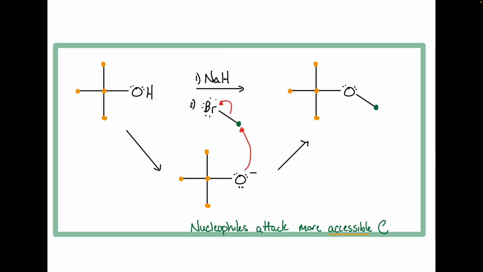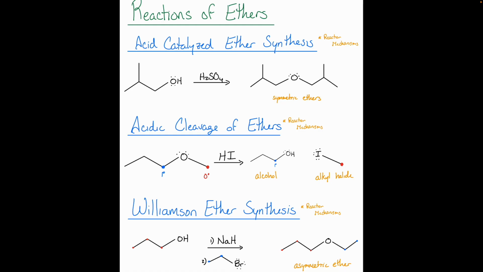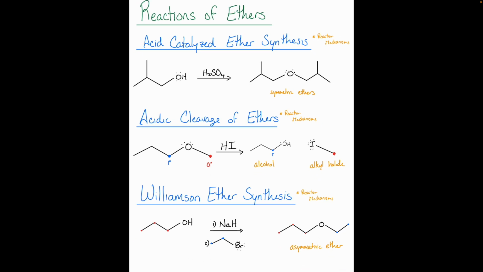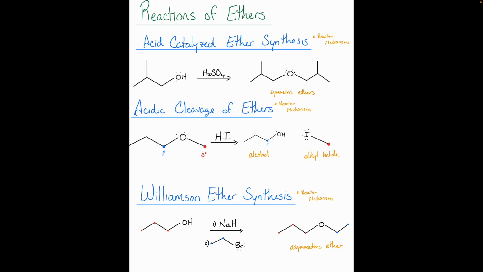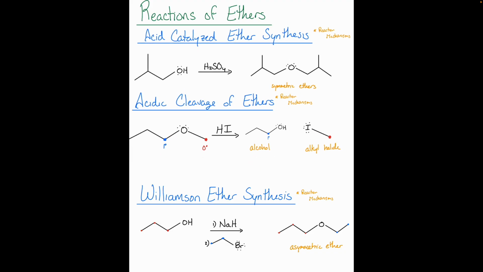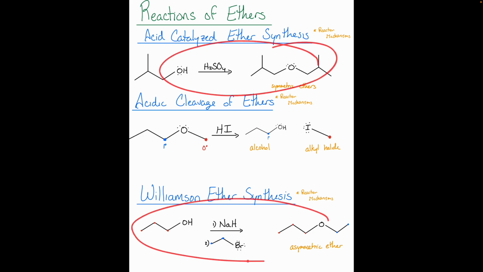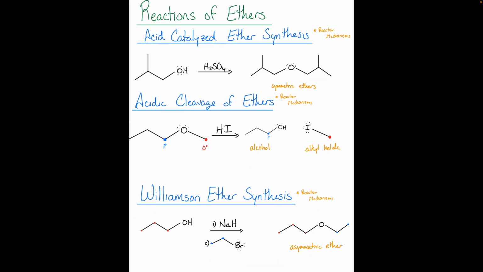All right, so these are our three reactions of ethers, and that's all we got for ethers. Like I said, kind of a boring functional group here. Not very good starting point for any sort of organic synthesis. We got two ways to make them, one way to break them apart. That's about it, all right?